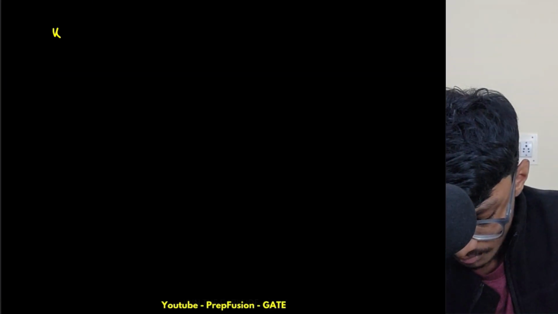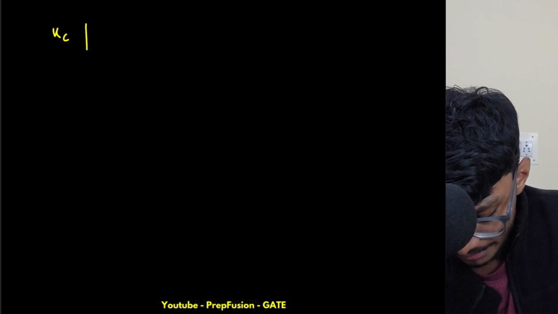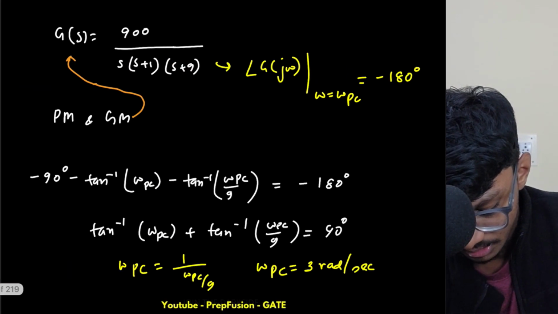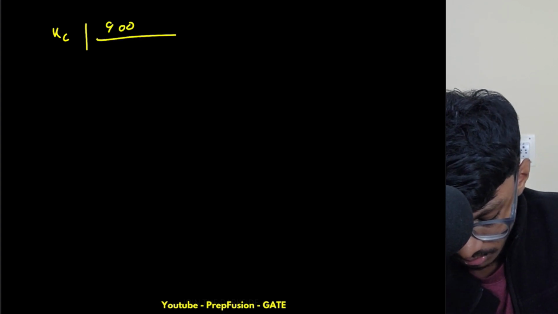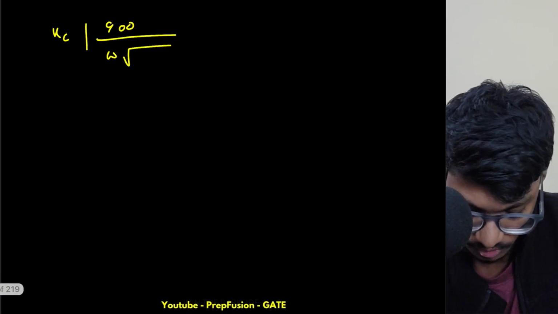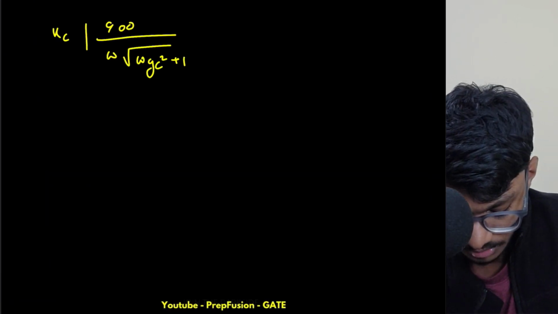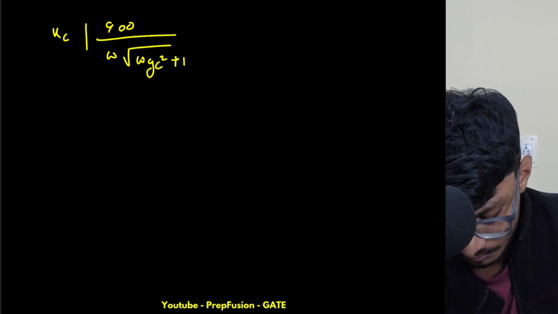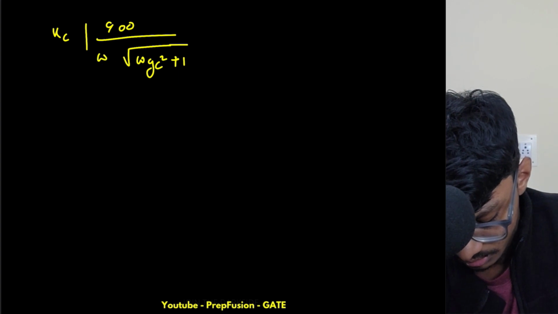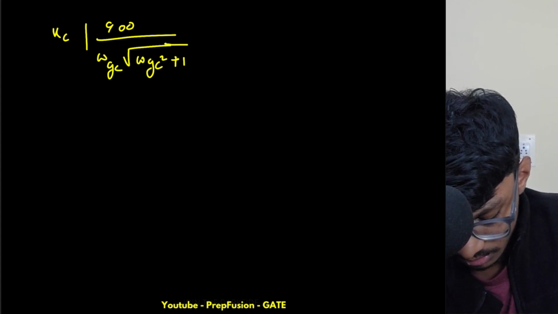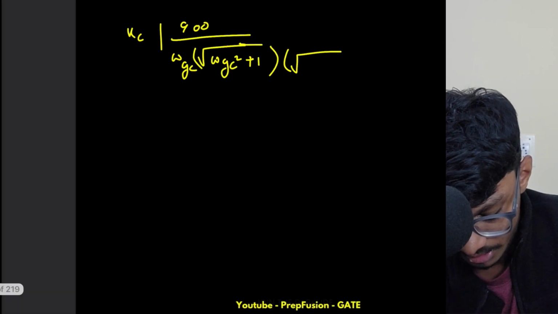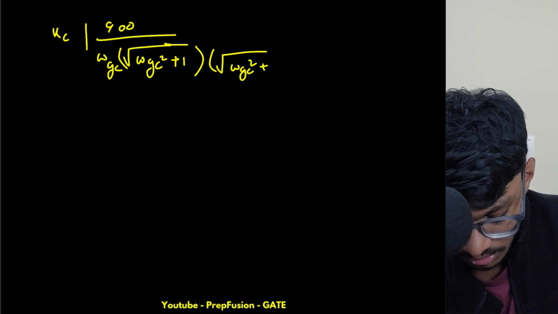So Kc into the magnitude of this, which is 900 upon omega gc into under root omega gc square plus 1, into under root omega gc square plus 81.